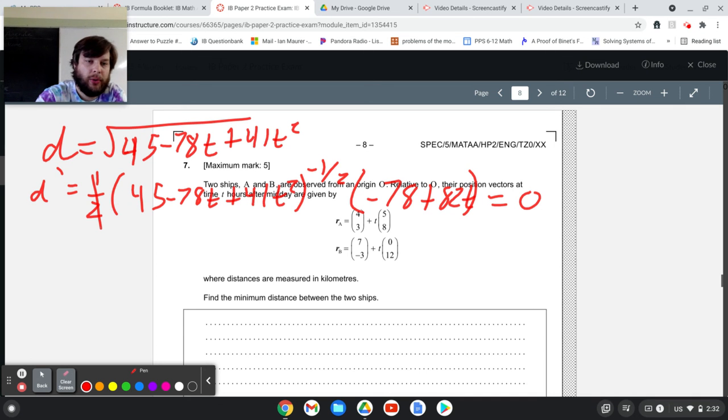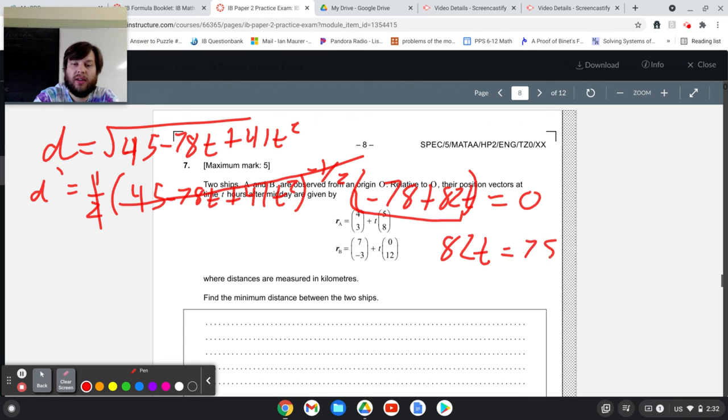Multiply both sides by the square root of all that junk, and that cancels out. What we really have left over is this piece right here, negative 78 plus 82t. Set that equal to 0, and we have 82t equals 78. t equals 78 divided by 82.